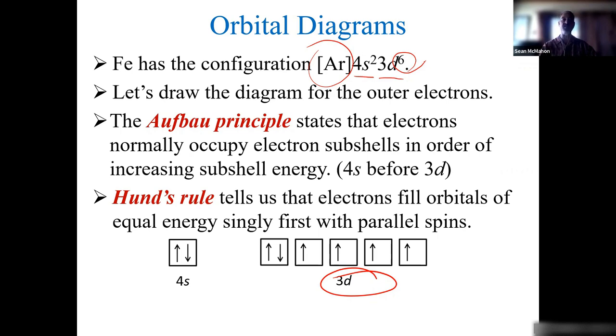And then the 6th electron is going to go in a half-filled orbital with an anti-parallel spin. So there are still 4 more of these 3d orbitals that are only half-filled. So what does that mean? If they're half-filled, iron has 4 unpaired electrons.